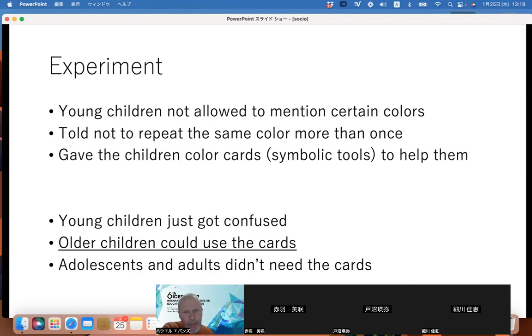Yeah. So, would it make sense to you to say that when you use a symbol, like a word, for example, or any kind of sign, that it actually controls thinking?